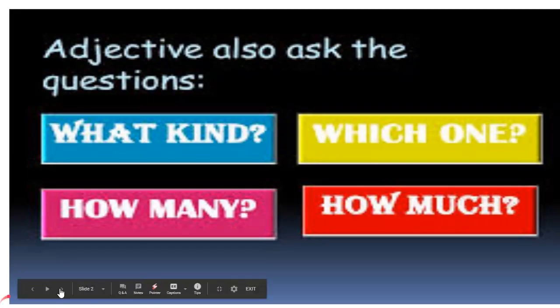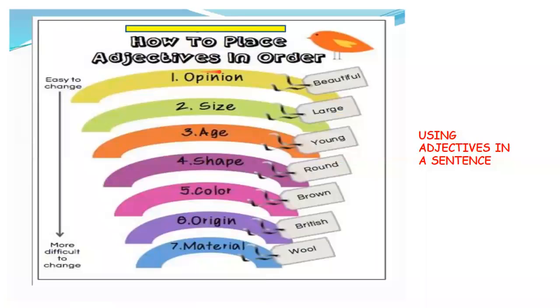Next we talk about the order of adjectives in a sentence. We can all see this beautiful little bird over here. Let's describe this bird. We start by saying, this is a beautiful bird. This is a beautiful and a small bird.